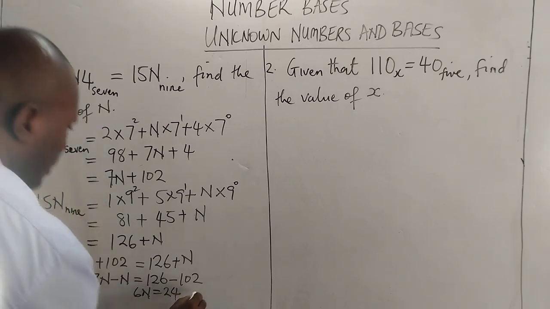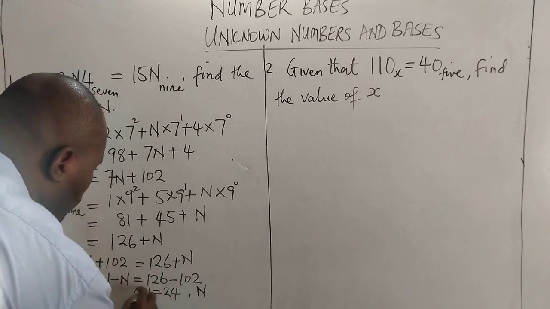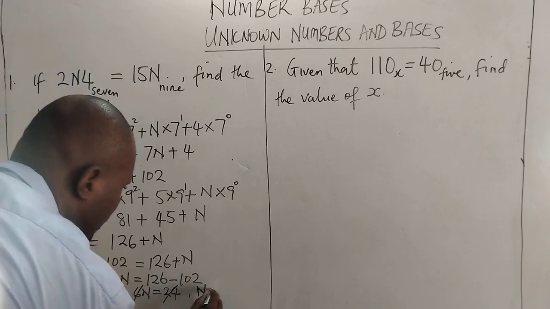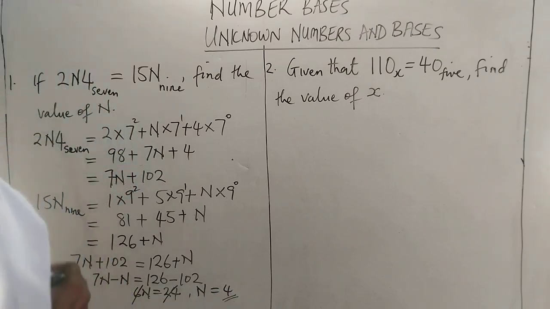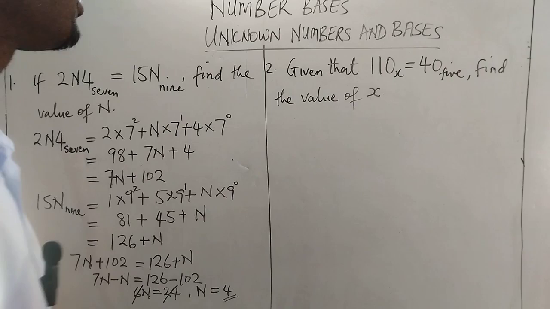And when you divide both sides by 6, n will give you 4. So the unknown number is 4.